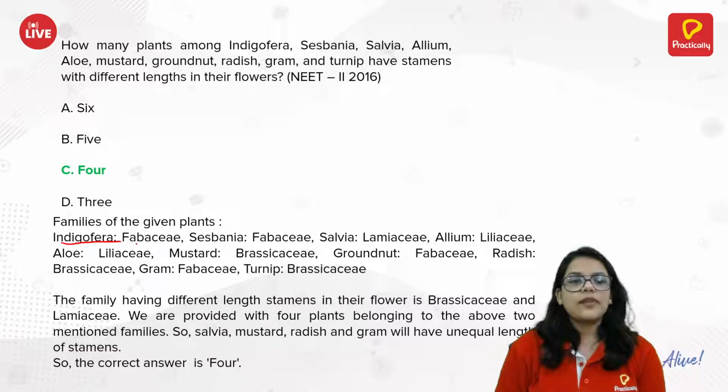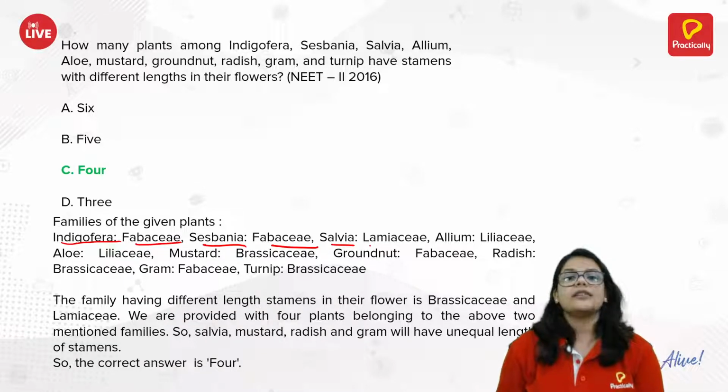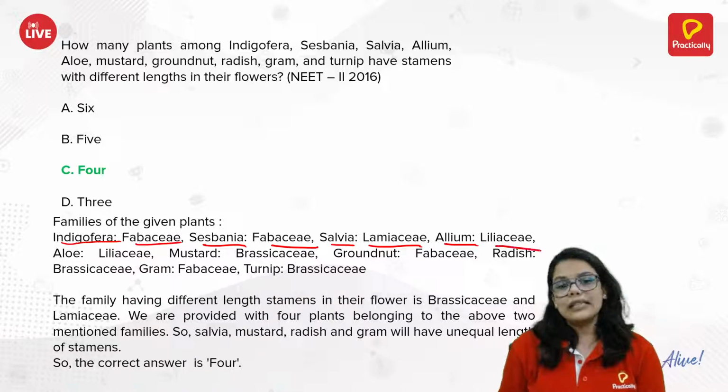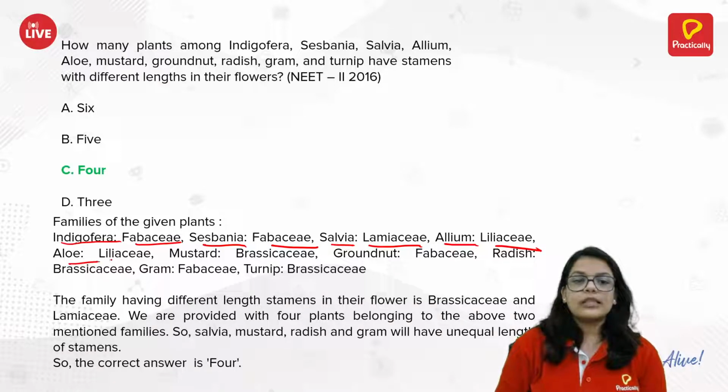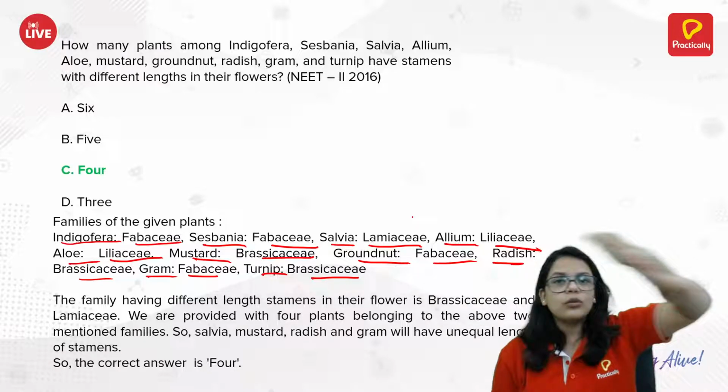Indigofera is Fabaceae, Sesbania is Fabaceae, Salvia is Lamiaceae, allium is Liliaceae, aloe is Liliaceae, mustard is Brassicaceae, groundnut is Fabaceae, radish is Brassicaceae, gram is Fabaceae, turnip is Brassicaceae. So we figured out the families.